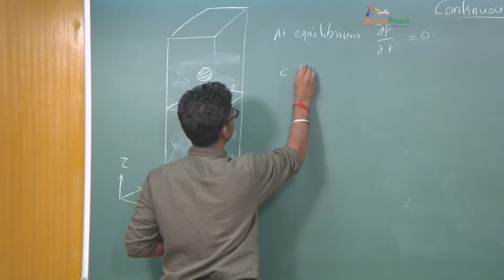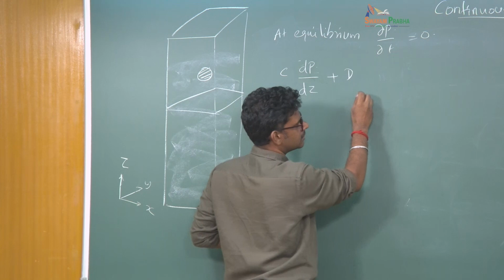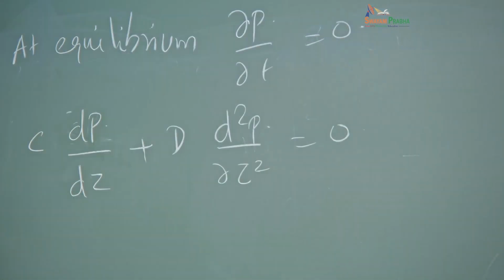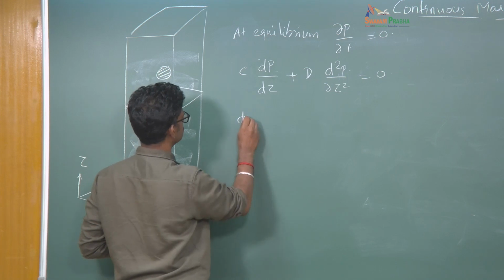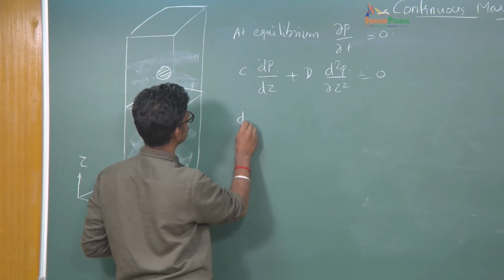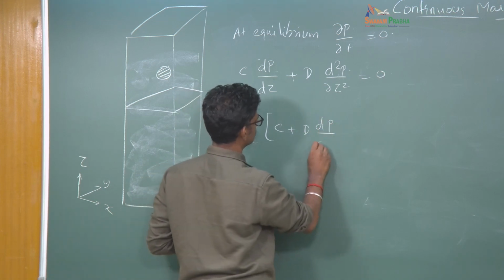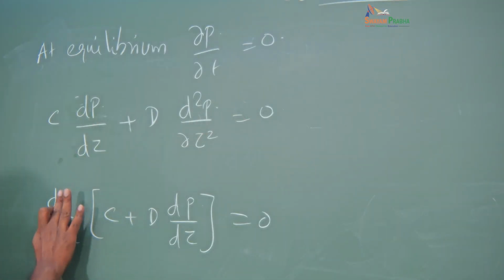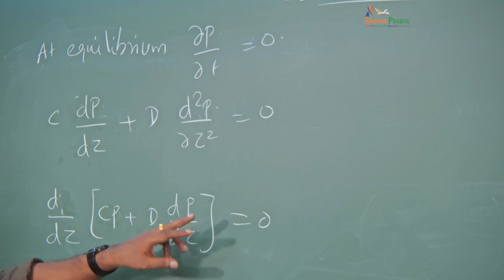So then we get dP/dz plus... so I'm taking one derivative out, d/dz, and I'll get Cp plus D dP/dz, and this is equal to 0.